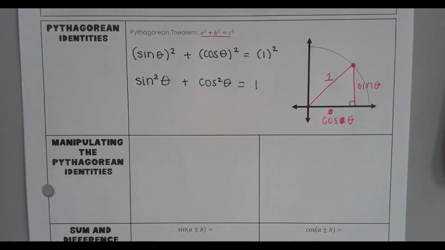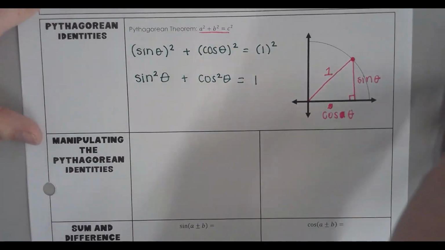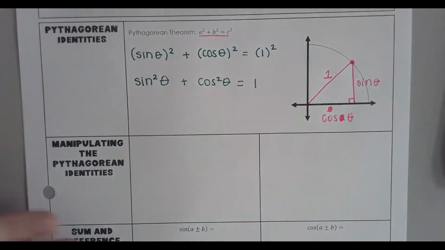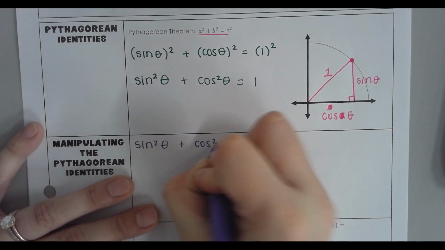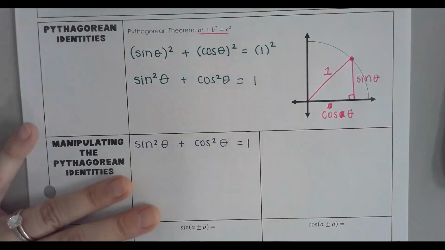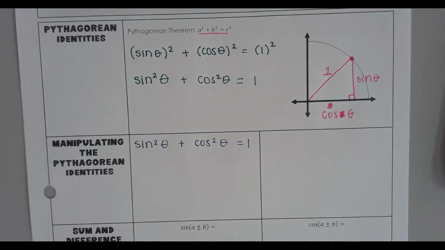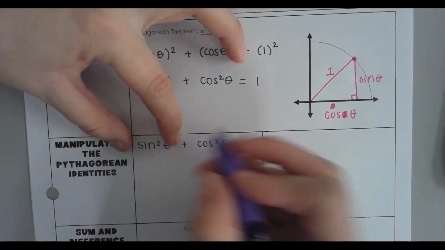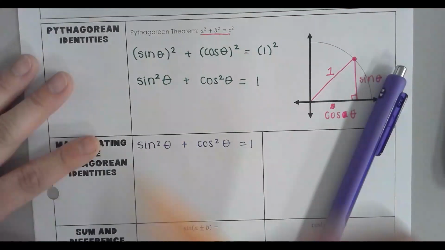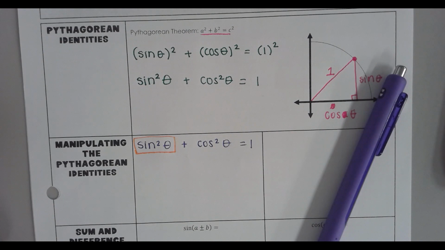Now, there might be times when we have to rewrite things. I'm going to rewrite this right here: sine squared plus cosine squared equals 1. When we are manipulating or rewriting some of these trig identities, you might want to get the sine squared by itself.